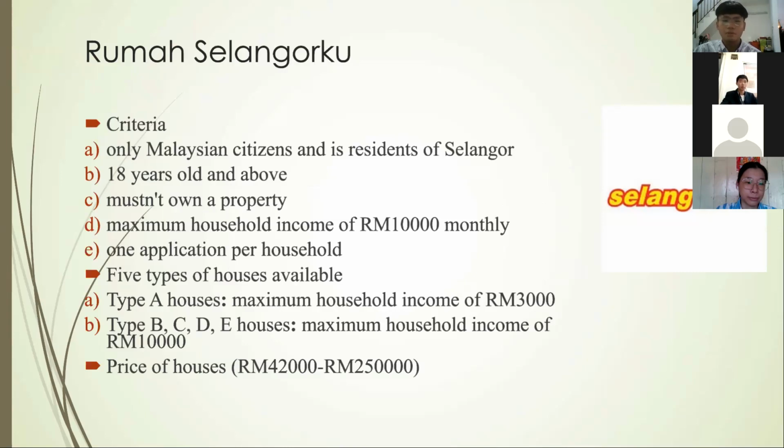There are 5 types of house available, which are type A, B, C, D, E. Type A house has a maximum household income of 3,000. Type B, C, D, E houses have a maximum household income of 10,000. The price of houses are from 42,000 to 250,000.